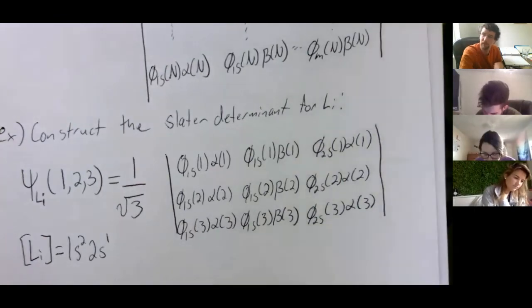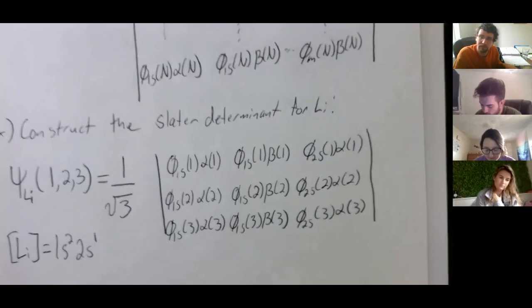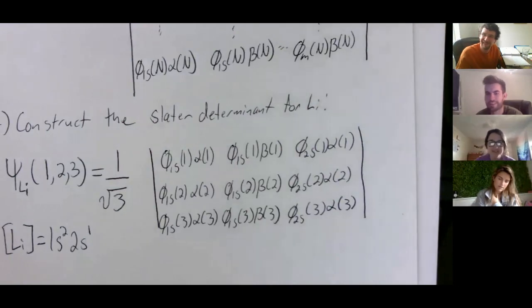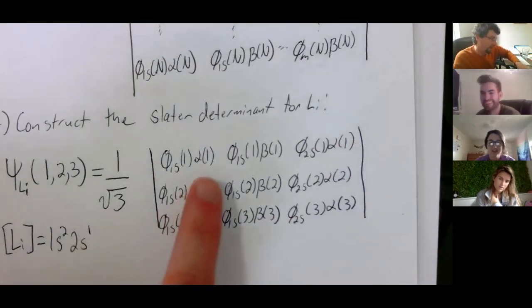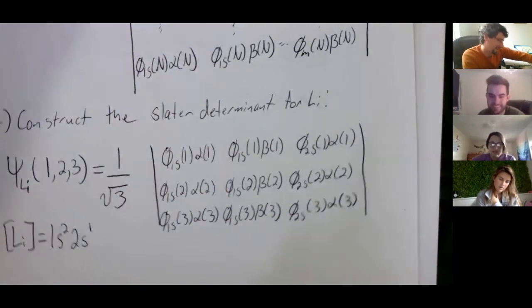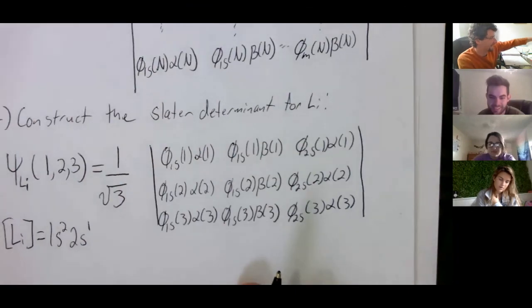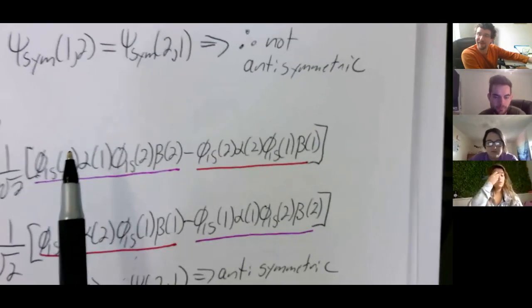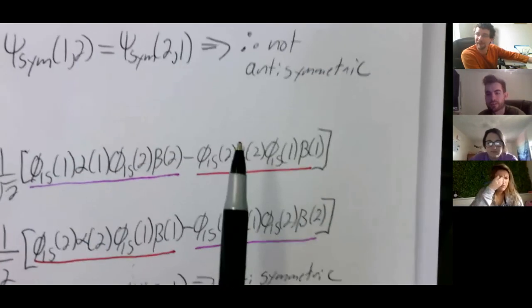Okay. Does everyone feel comfortable with that? Yeah. Everybody feel like they could do that on a quiz? Yep. I thought you said it was gonna be shorter than the other way of writing it, and I feel like this is still just as long. Well, this is a 3 by 3, right? You're going to have us do 4x4s, aren't you? Maybe 5 by 5s. So you would have to do the determinant of that, with a bunch of terms.